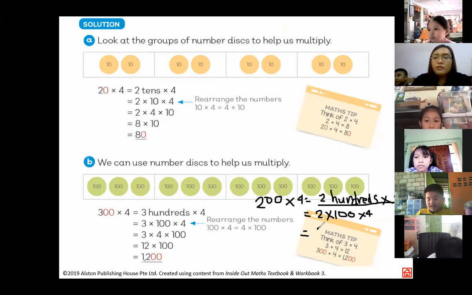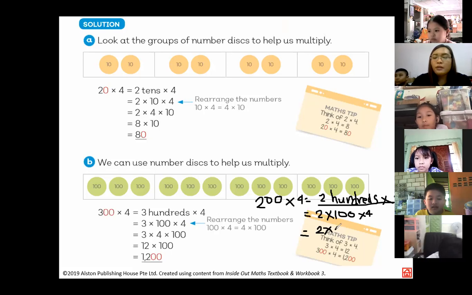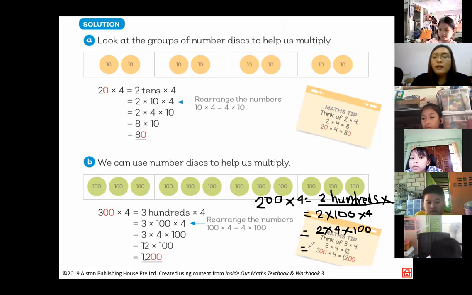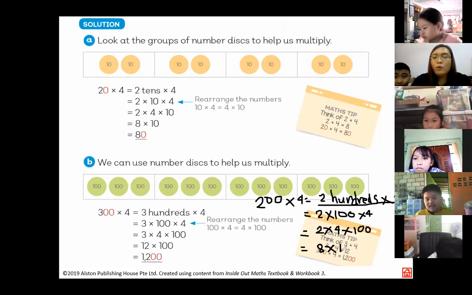So 2 times 4 times 100. Okay. Now, let's multiply 2 by 4. What is 2 multiplied by 4? That's 8. And then times 100.